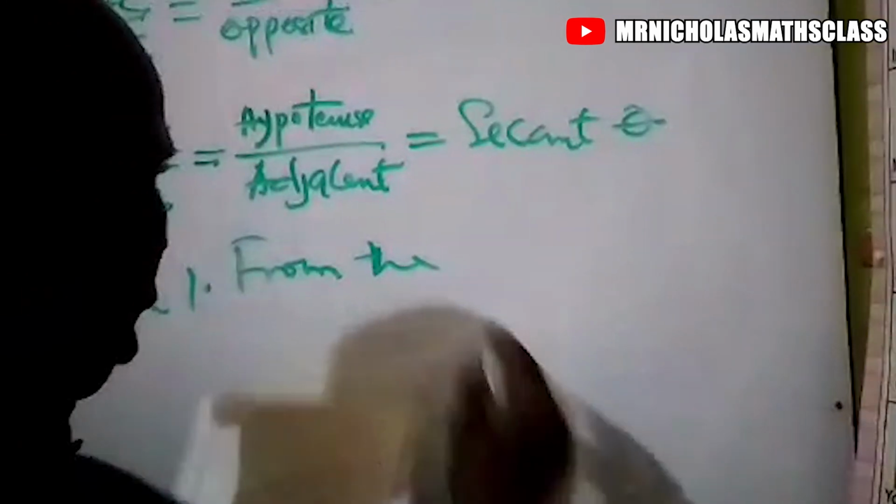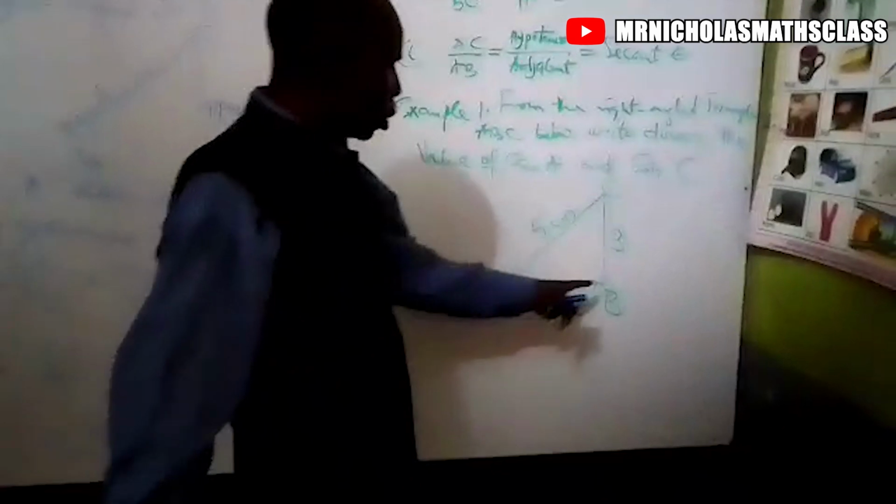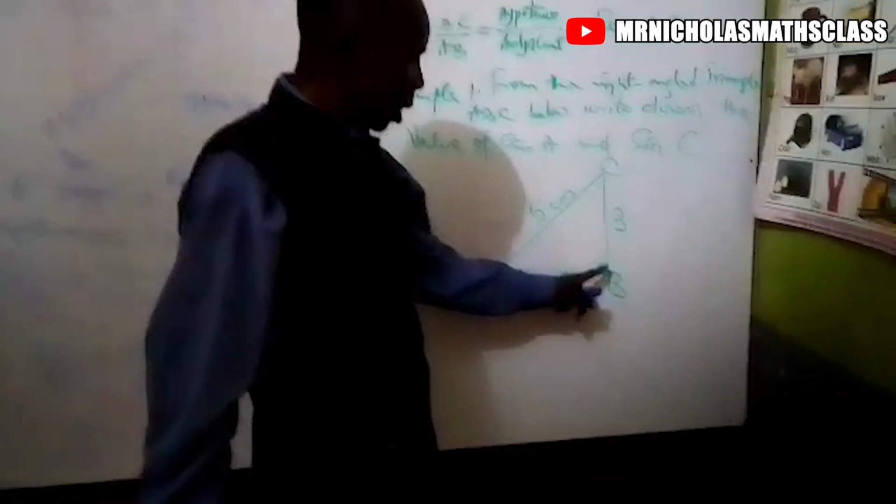Example 1. Here is the question from the right angle triangle. We have A, B, C. Look at the triangle ABC, right angle at B. What is a right angle? A right angle is equal to 90 degrees. This is a right angle here, 90 degrees.